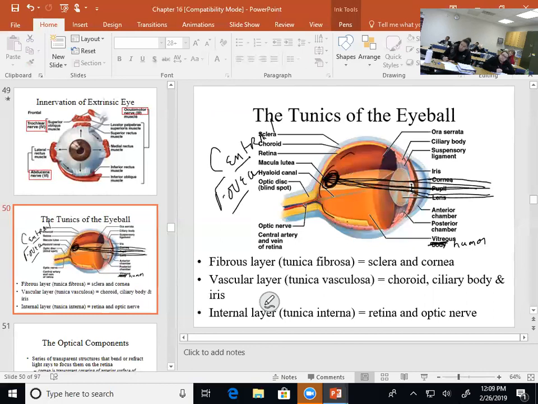It's also referred to as the macular region of the eye.